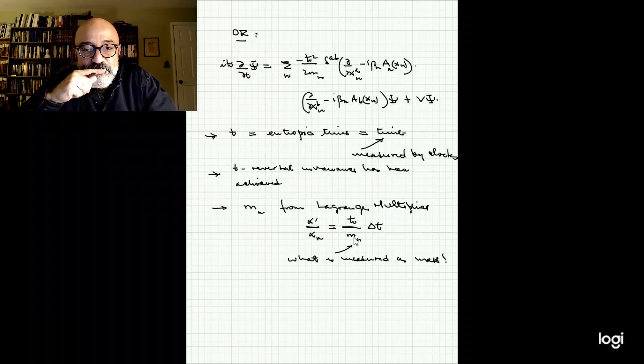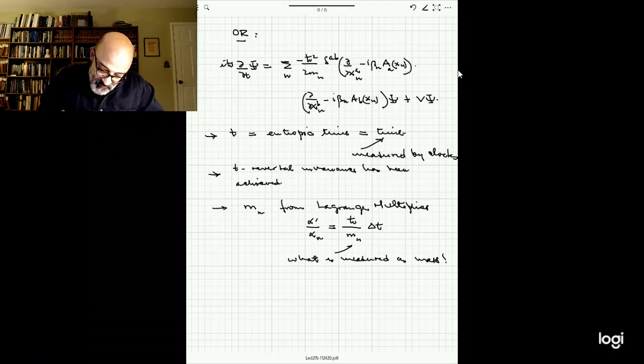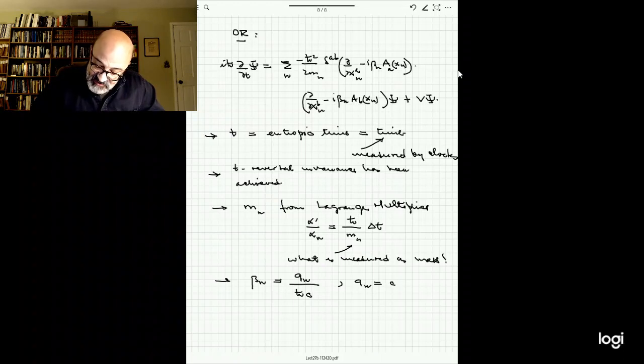Think about that. Betas. The betas appear in these covariant derivatives. Betas, if you put the right units, are given by that expression, where Q_n are the electric charges.